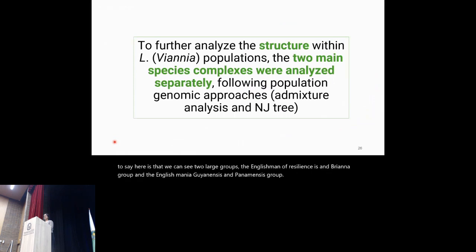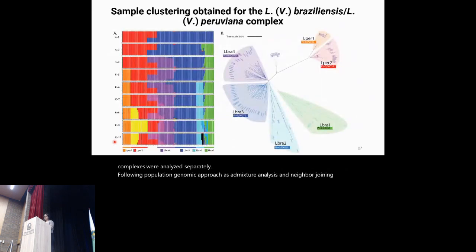To further analyze the structure within Leishmania Viannia populations, the two main species complexes were analyzed separately, following population genomic approaches such as admixture analysis and neighbor joining tree. Here are the results of the sample clustering obtained for the Leishmania braziliensis and peruviana complex.